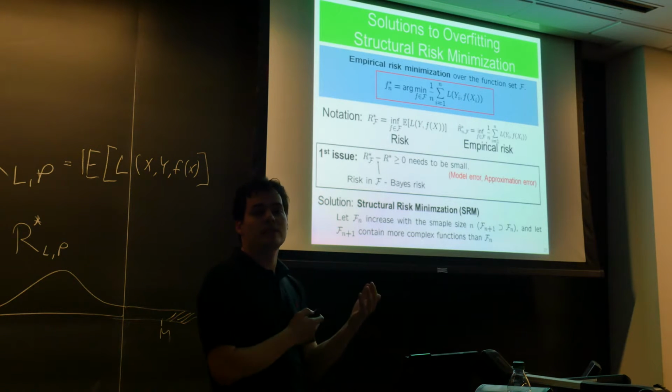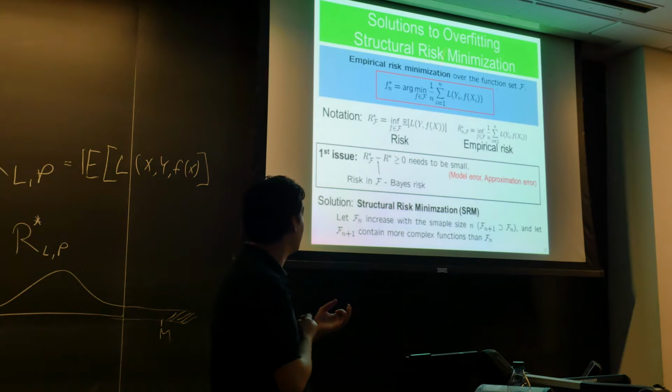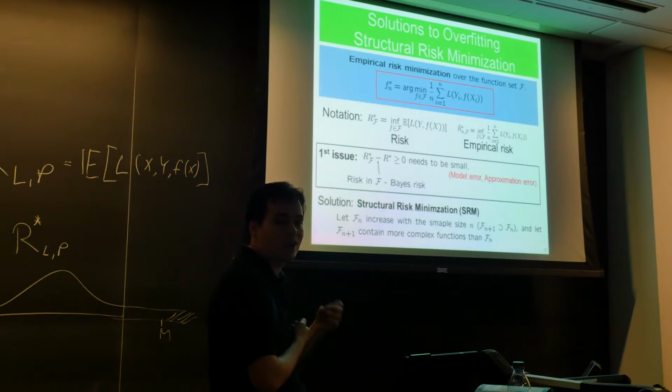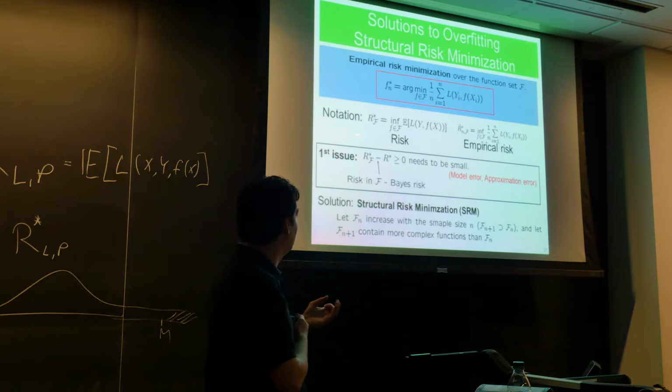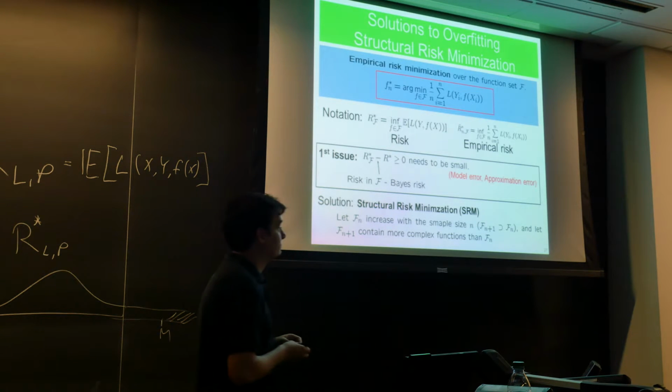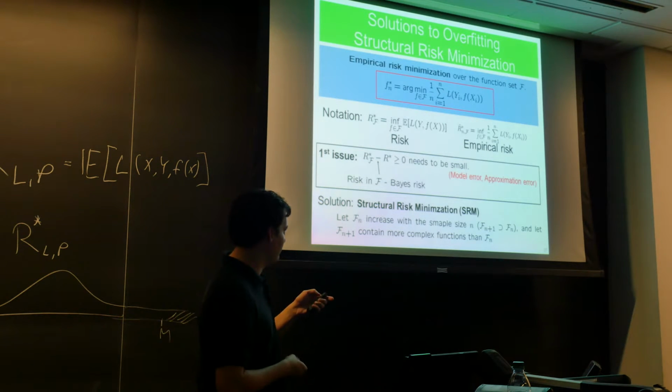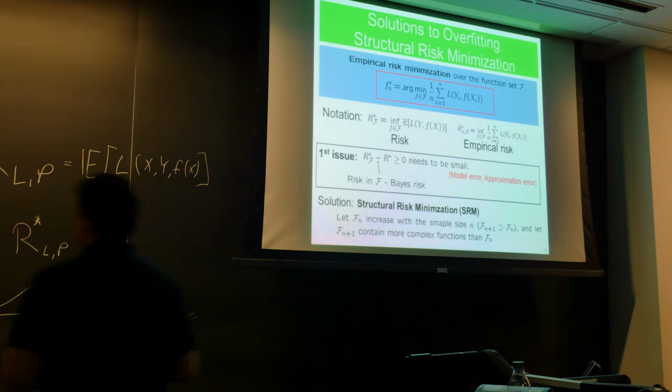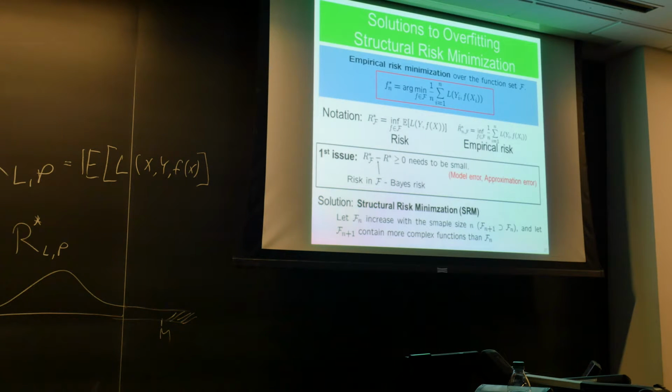Again, it's just a theoretical thing. I don't have access to this because I cannot calculate the true risk. And the empirical risk in this function class F will be this quantity. You minimize over all functions in this function class, you minimize the empirical risk in this function class. Okay, so from now on, this will be the empirical risk R hat.